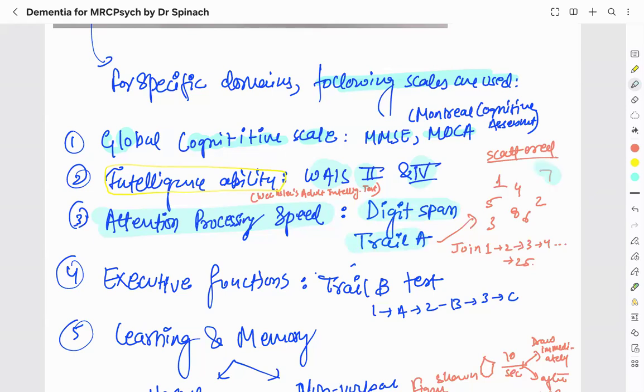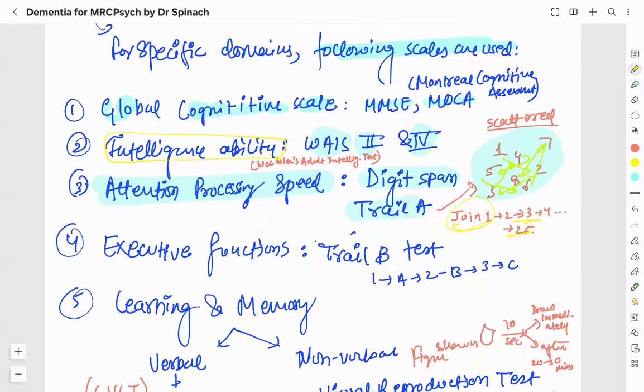There are scattered numbers or alphabets, and the patient is asked to join them in consecutive order, 5, 6, 7, and then 8. This shows how much attention they have. Digit span also shows how much attention they have.